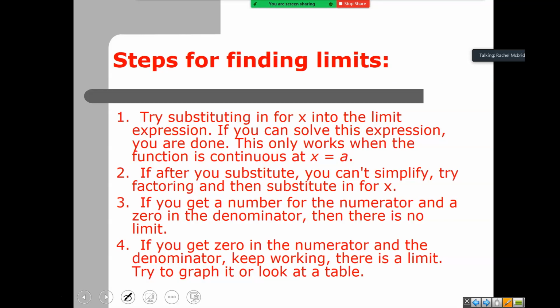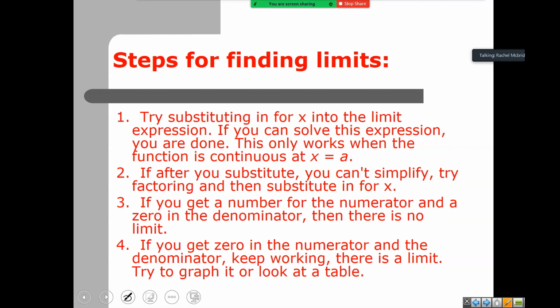Alright, so what I did is I gave you some hints and tricks for finding limits. Sometimes when you look at a limit, you're like, what do I do? And these are sort of the steps I go through as I look at them. First, you always just want to substitute in. Just try plugging in the numbers.